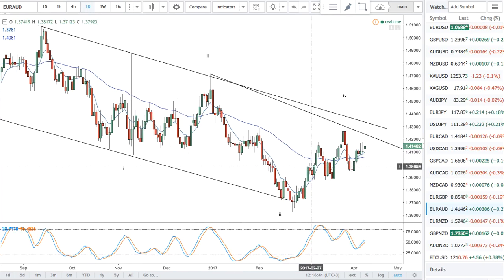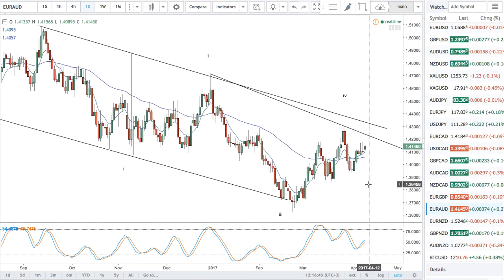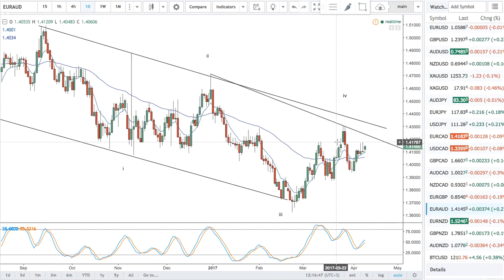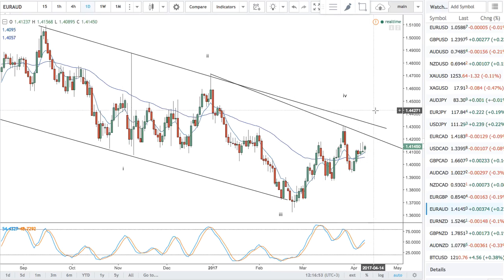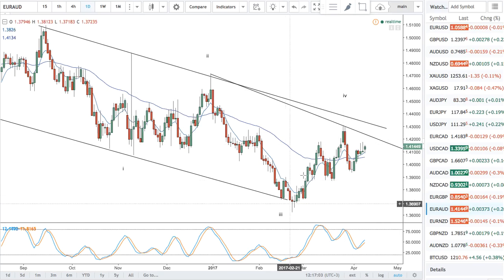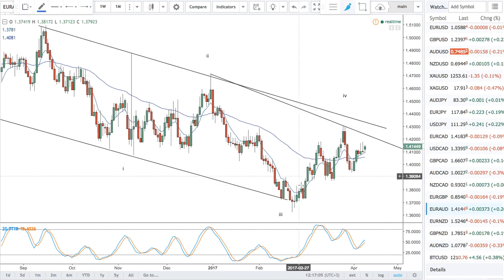Starting with Euro Australian dollar, I am expecting a down move in this for a number of reasons, and I want to have a look at how this can work out. The reason is I want to look at the likelihood of how a head and shoulders pattern will fit into this. Looking at this chart, I am expecting a down move here based on the larger picture on the weekly and based on local price movement here.